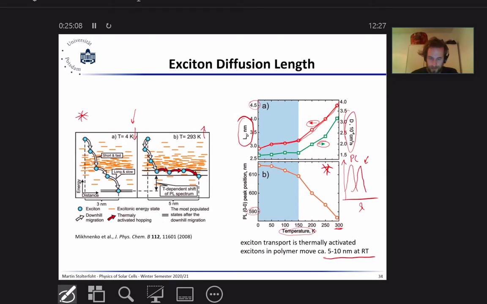At low energy, the wavelength is higher, so the energy is lower because they relax down. Here T is low, and here T is high. At higher temperature, they maintain a higher energy and therefore a lower wavelength. Yeah, it's not so important. Take-home message here is mostly that the excitons diffuse 5 to 10 nanometers.